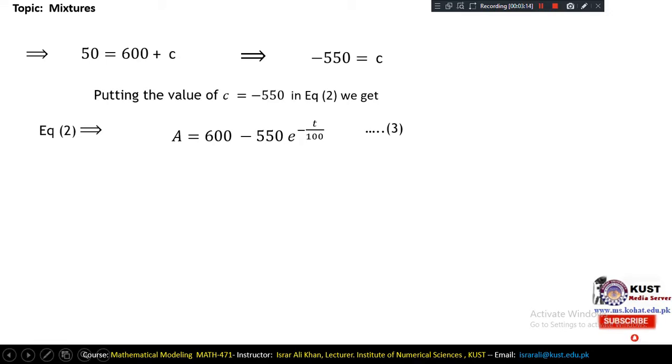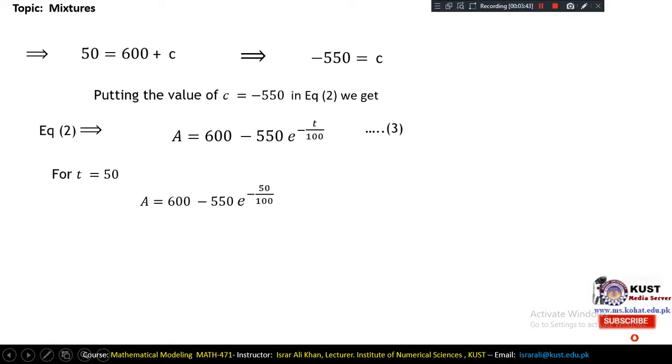A is equal to 600 minus 550 multiplied by e raised to the power minus t divided by 100. And in equation number 3, you can see that now we are left with only 2 variables: A, the amount of salt, and t, the time. If either one is given, we can easily find the other one.